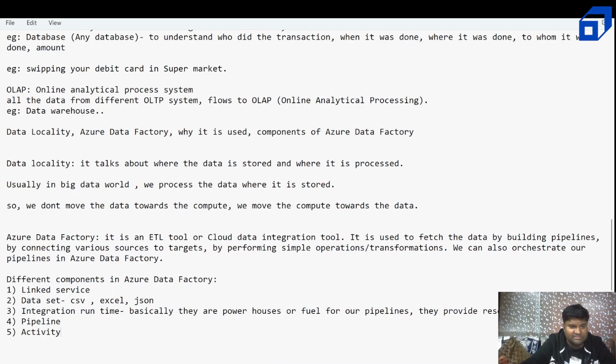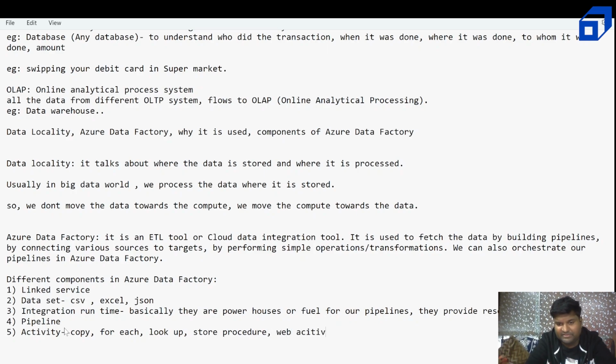Some examples are copy activity, for each activity, lookup activity, stored procedure activity, then we have web activity.